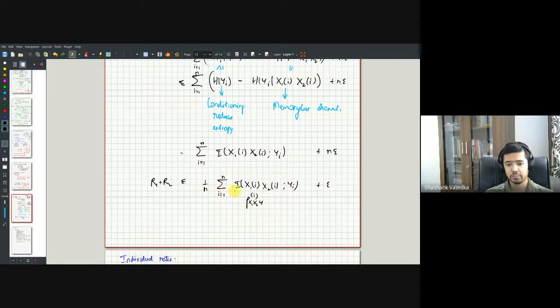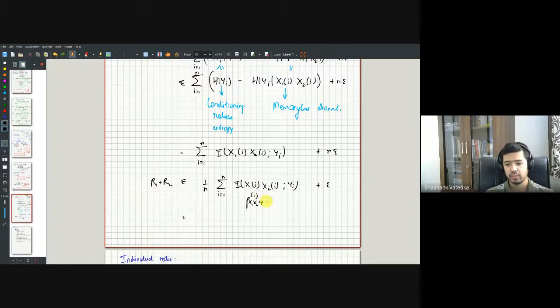And what is this? This is basically a convex combination. 1 over n times the sum of the mutual informations is basically a convex combination of the mutual informations, because you're scaling by 1 over n. It's an equal convex combination.